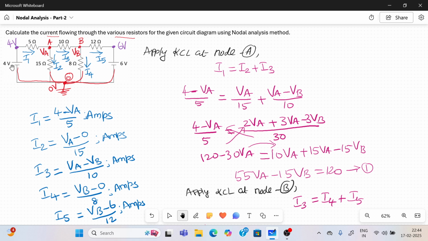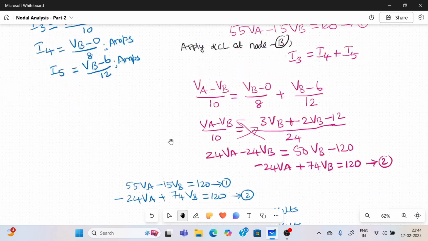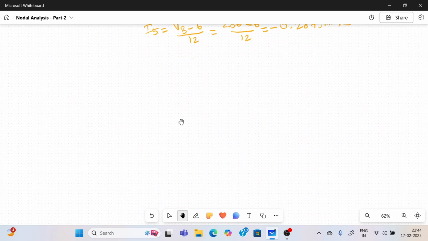Here, the voltage source is connected, and this voltage source also has a series resistance. Then we can go by matrix method directly.